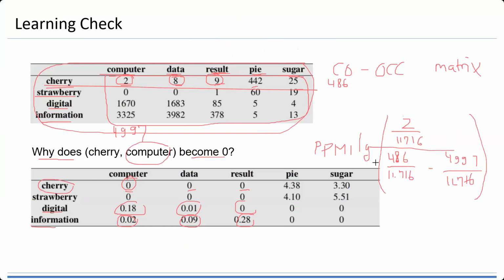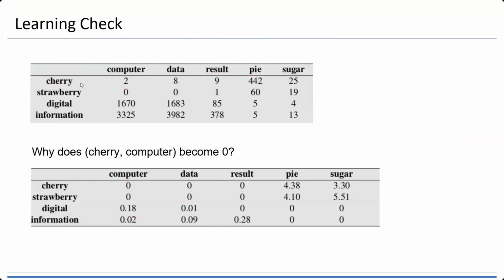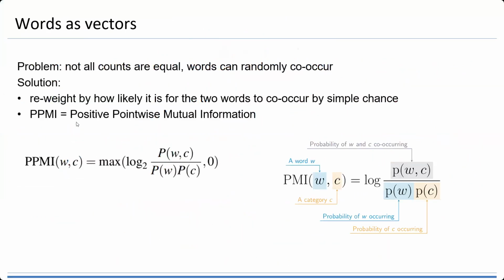And if you look at the log of this one, the result is negative. Why is it negative? Because this number is very low. So the low frequency will have a negative result. And as we know, what is PPMI? PPMI is the positive pointwise mutual information.